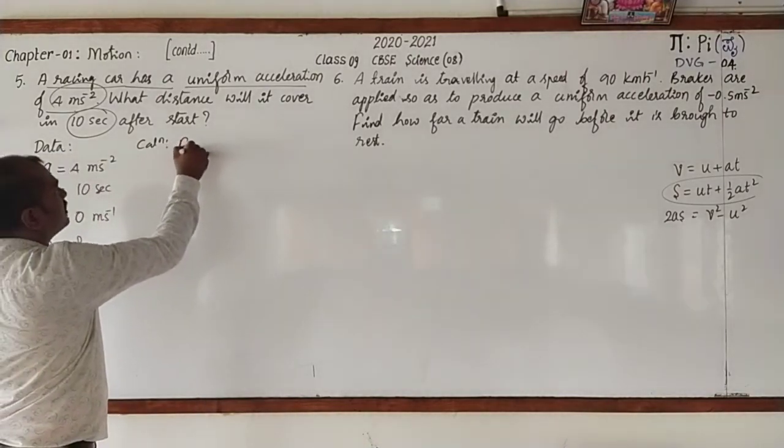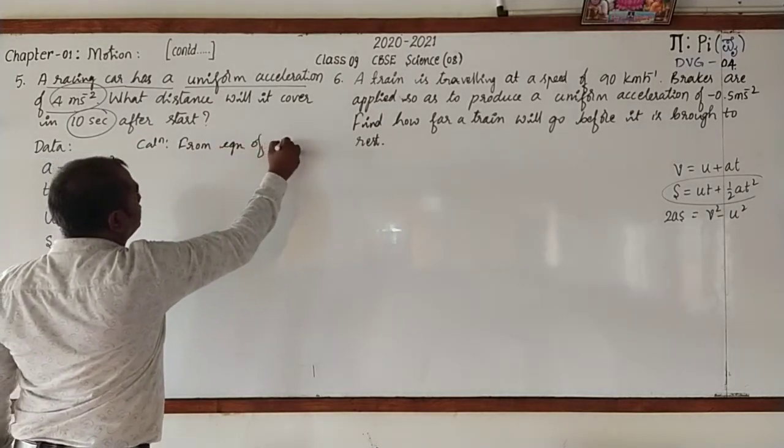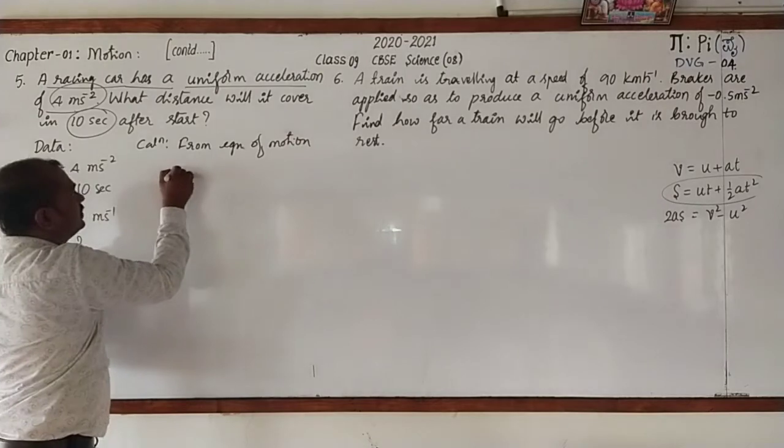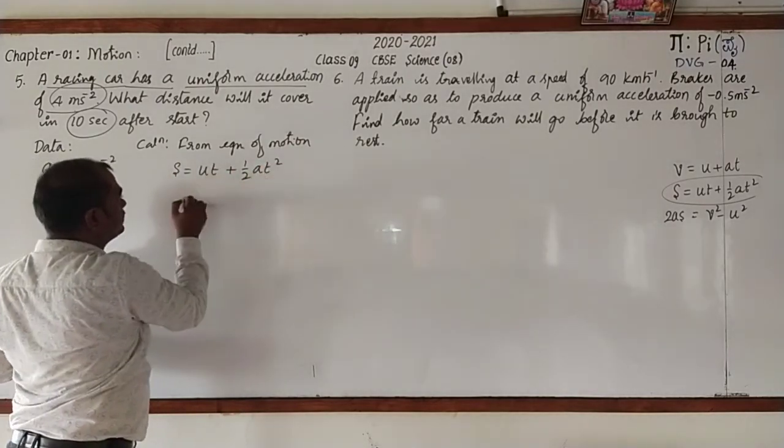Now from equation of motion, what is that? It is s equal to ut plus half at square. Substitute.